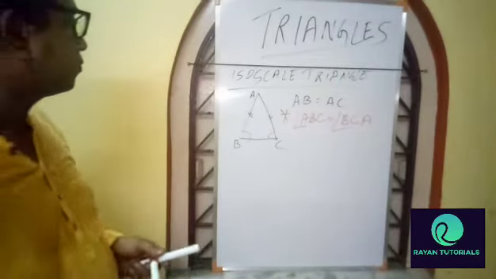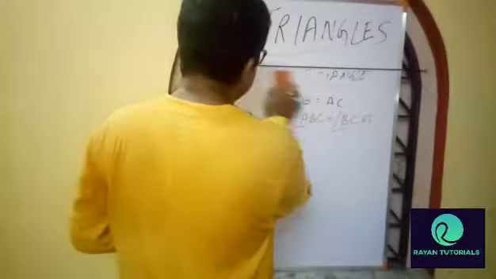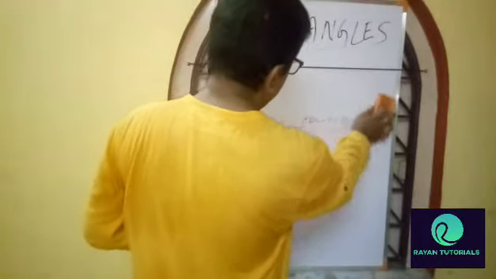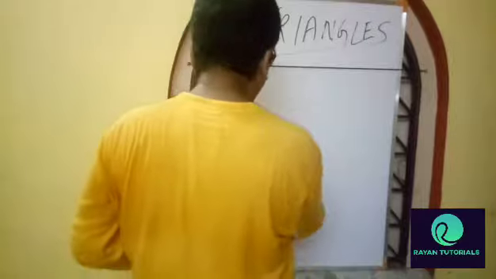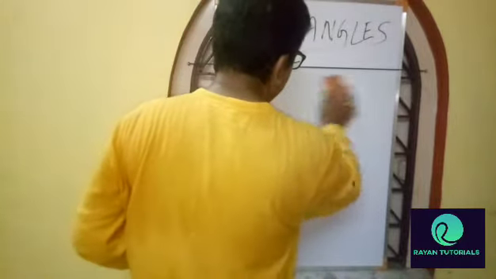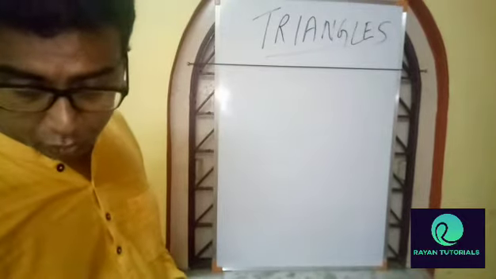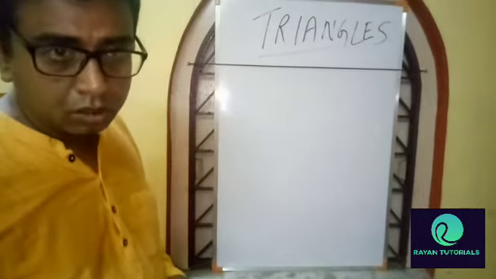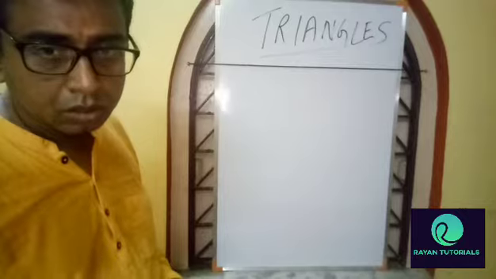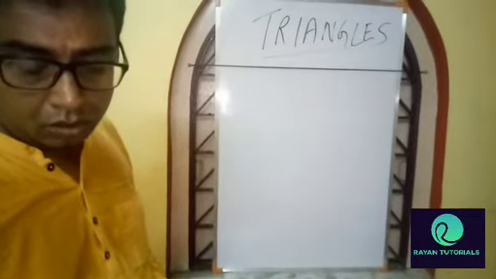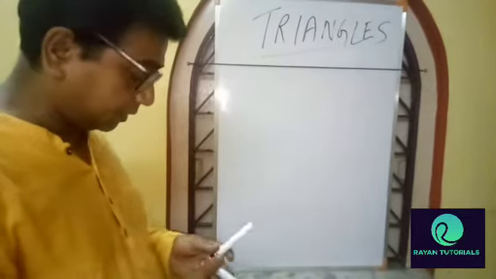Okay. What else is there in your book? Isosceles triangle, got it. Next. What else? Let me just go through the book. Inequalities.